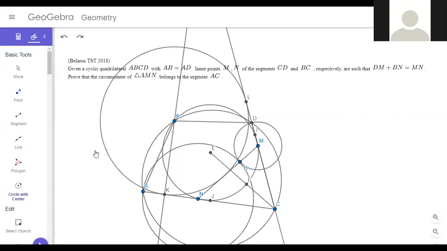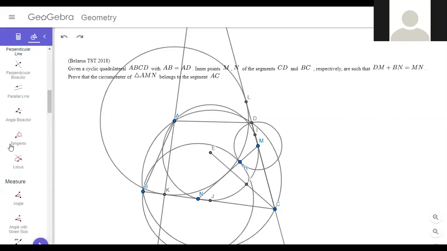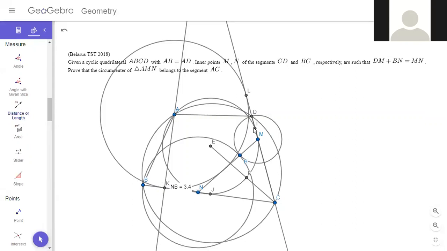NB would be equal to ML. Oh no, I thought it was true. But KB and DL, I think should be, yeah.